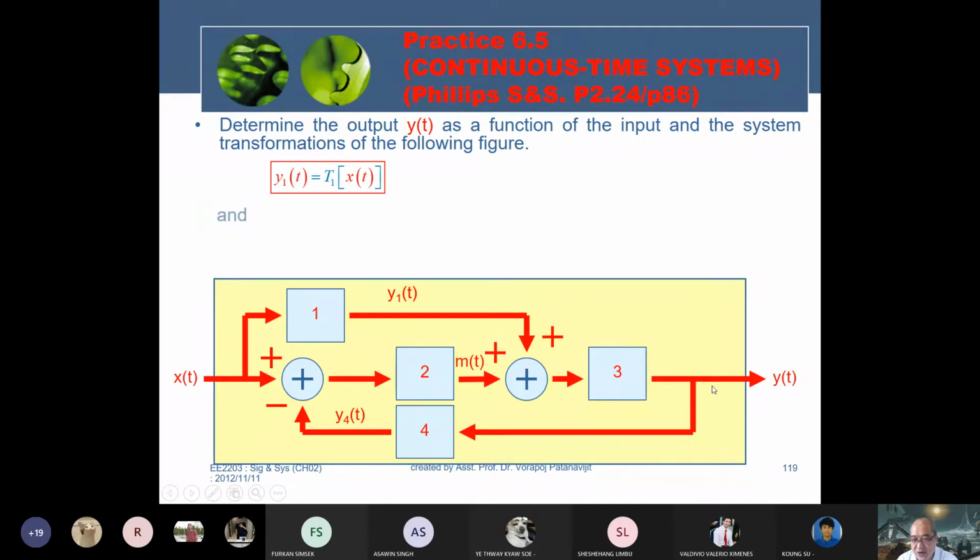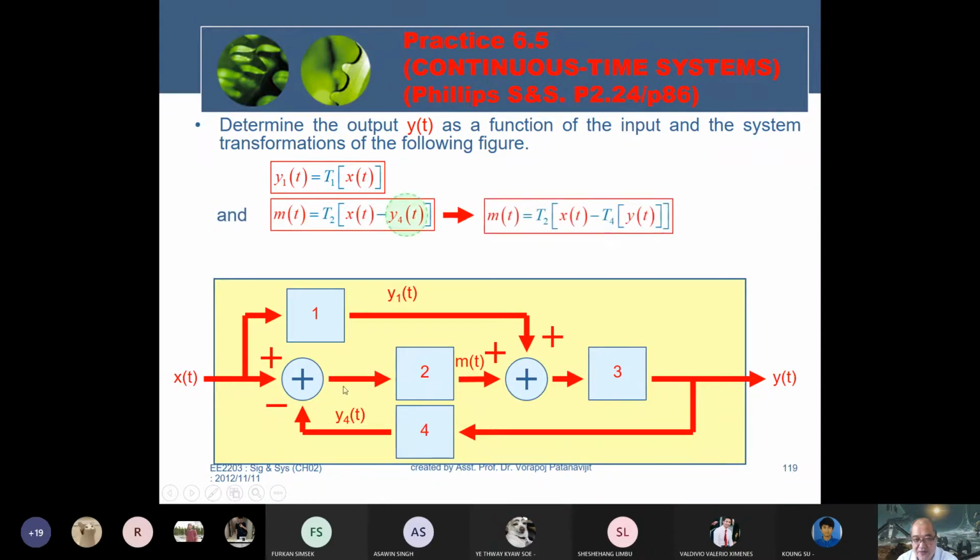Therefore, the output y, you can write in terms of y4 and x, where m is the process T2 applied to the summation of x[n] and y4. After that we express y in terms of this.